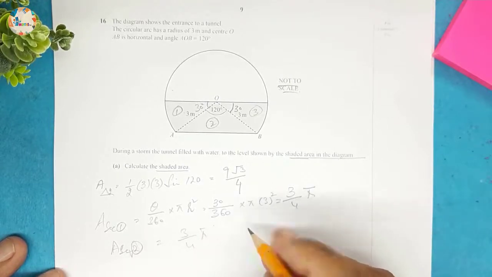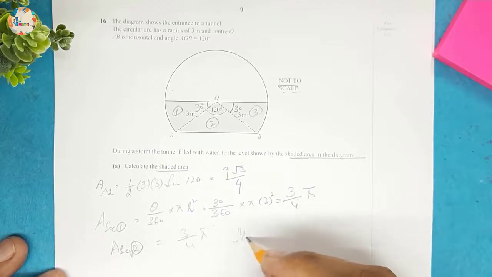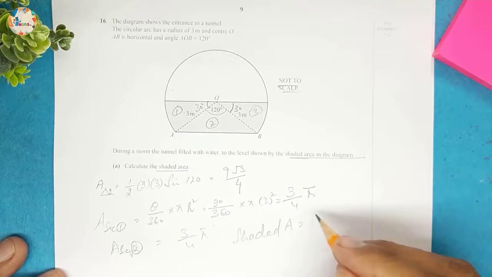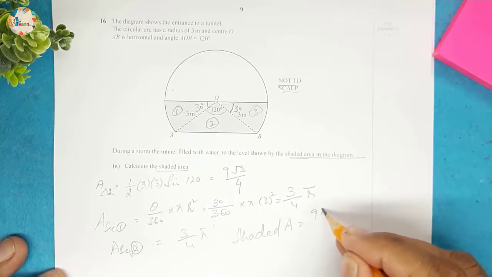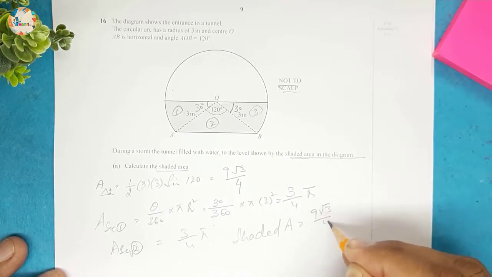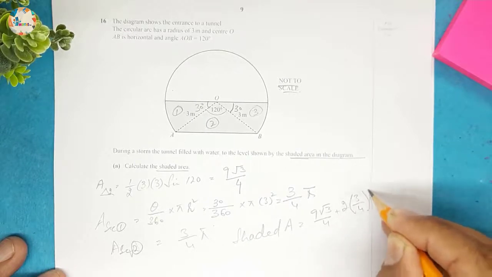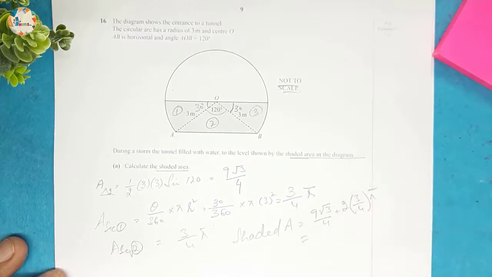So for the total shaded area, we can write here shaded area is equal to 9 root 3 by 4 plus 2 into 3 by 4 pi, and we can calculate this.